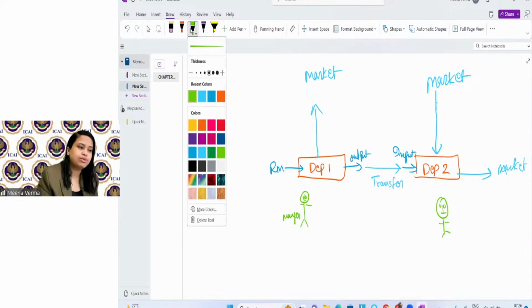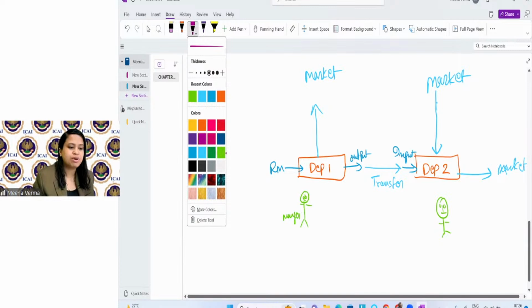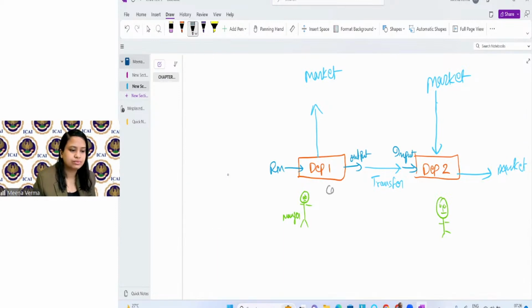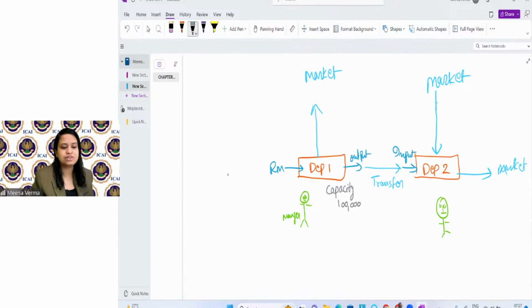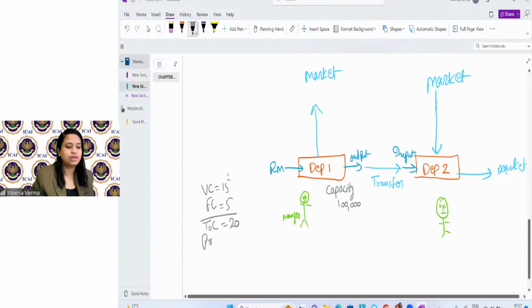Now let's talk about the capacity also. What is the capacity of this department? Again, let's consider 1 lakh is the capacity. The variable cost, again consider 15, the fixed cost 5, total cost is 20, and the profit they are desiring is 4.